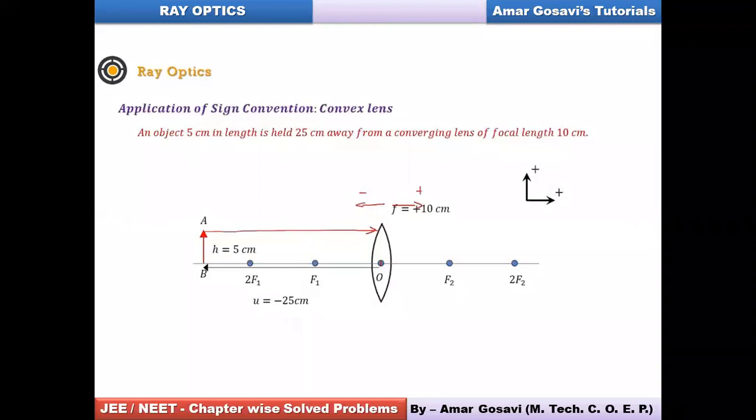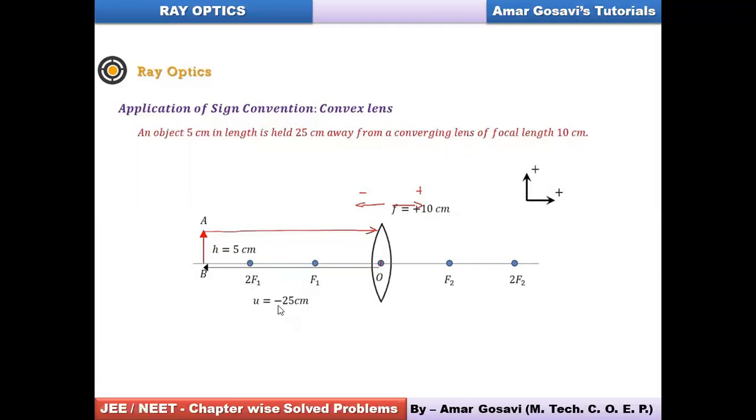So let's have a look at how the problem formulation would be. Say for example, we would be using the lens formula, just like we use the mirror equation here. I'm just trying to tell you how the problems are formulated. Okay, so an object 5 centimeter in length is held at 25 centimeter. You can see height is 5 centimeter, held 25 centimeter.